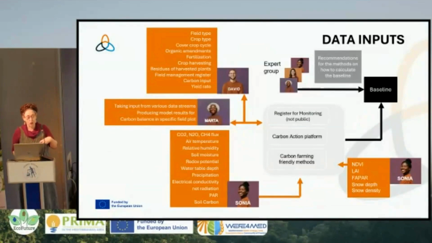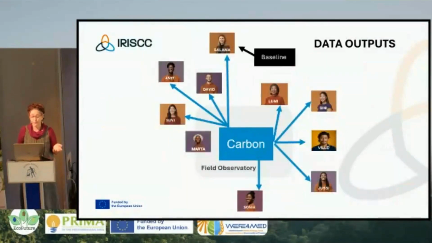The data input: what David the farmer was giving to our service, what Marta the researcher, the PI of a station, was entering into, and how all these worked together to have the baseline that we need to assess what the farmer has been doing. And then, of course, the data outputs.